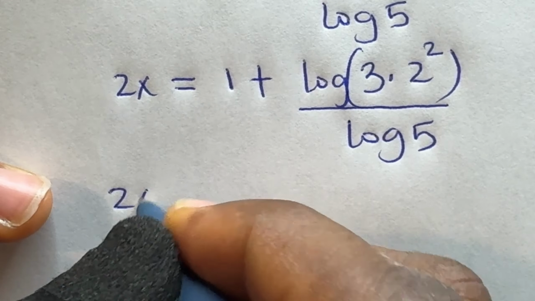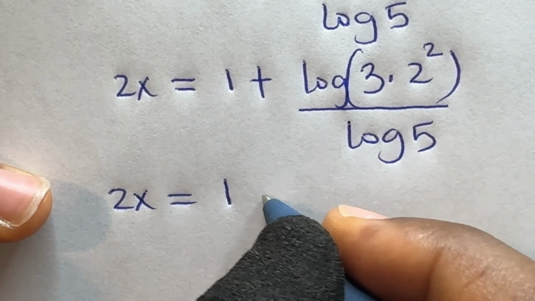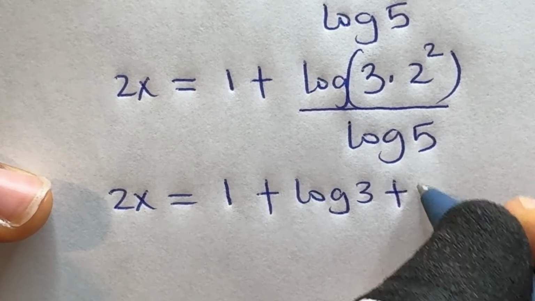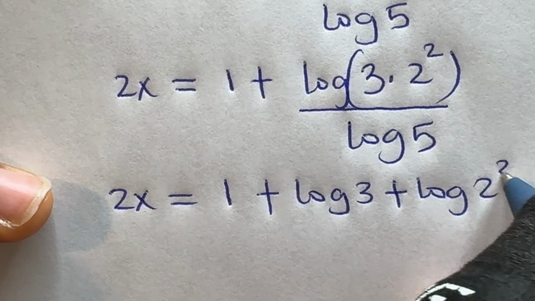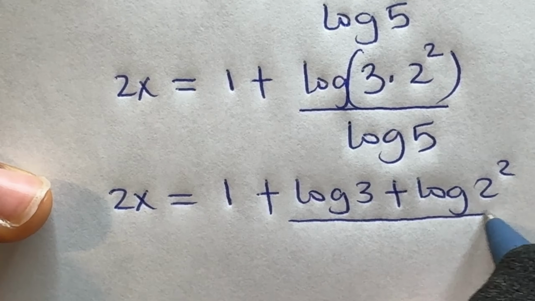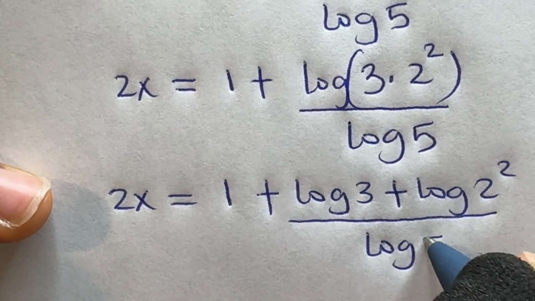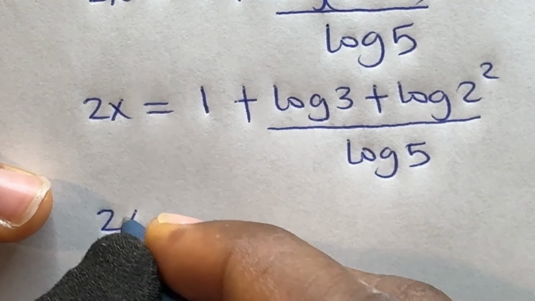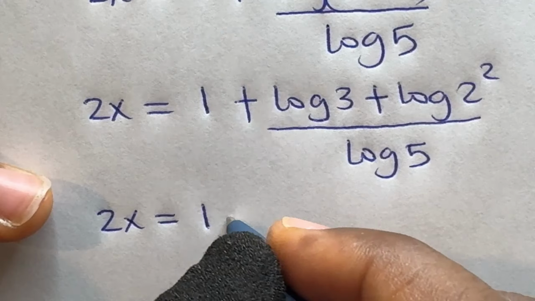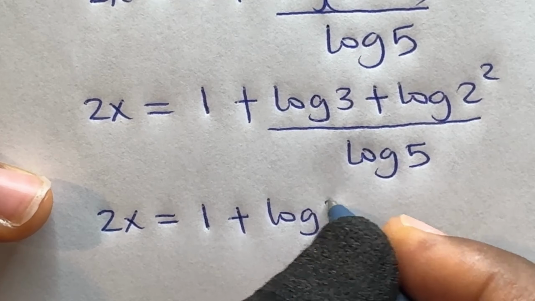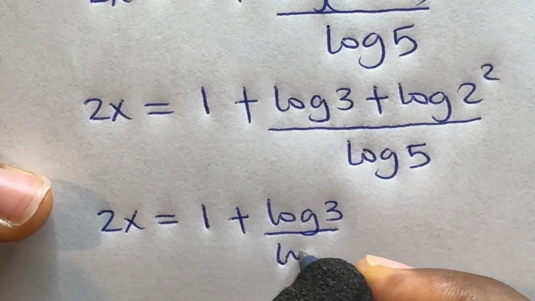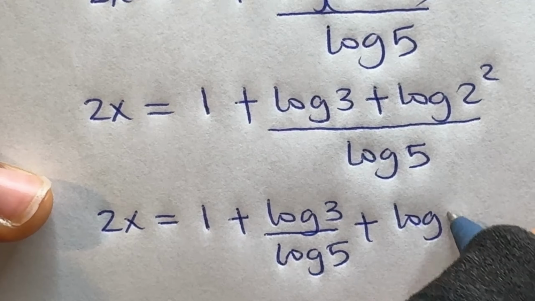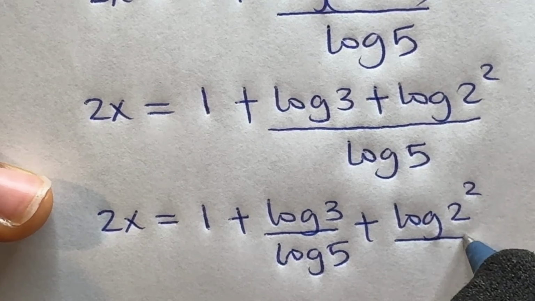So 2x is equal to 1 plus log 3 plus log 2 squared divided by log 5, giving us 2x is equal to 1 plus log 3 divided by log 5 plus log 2 squared divided by log 5.